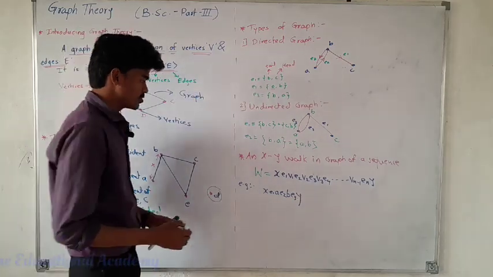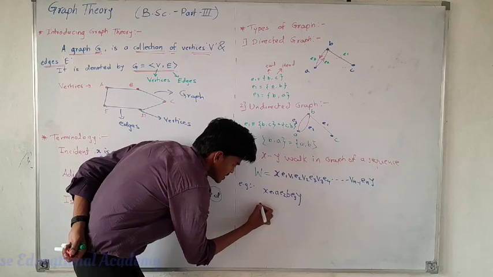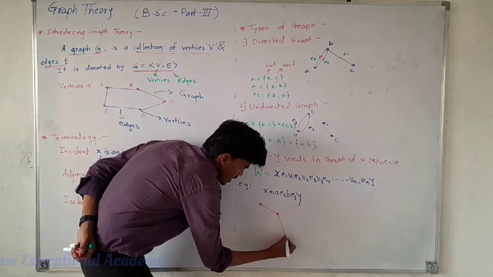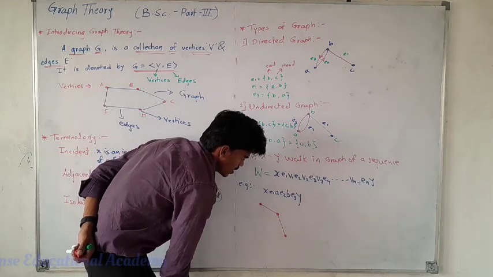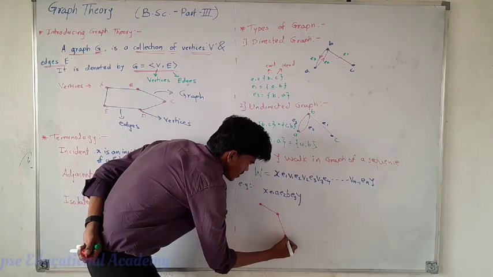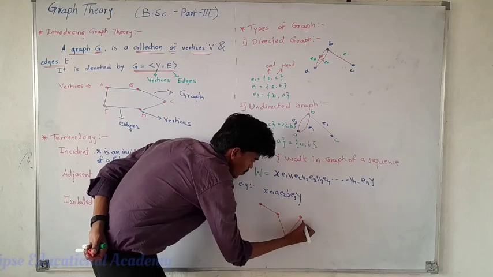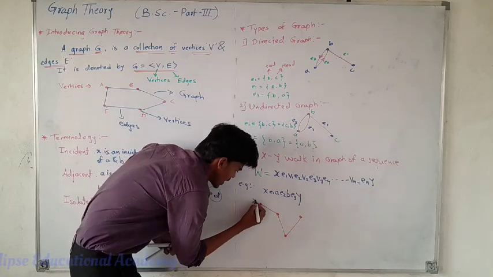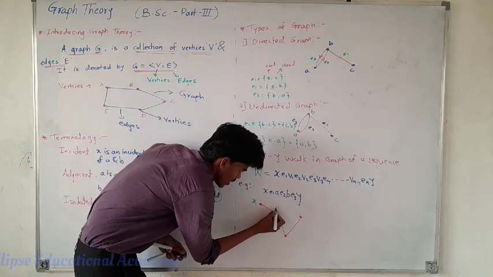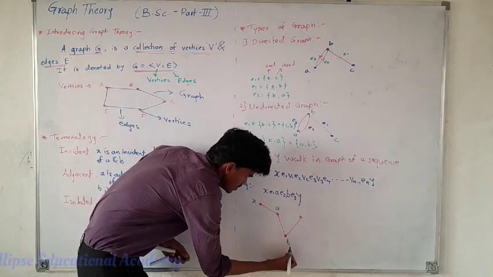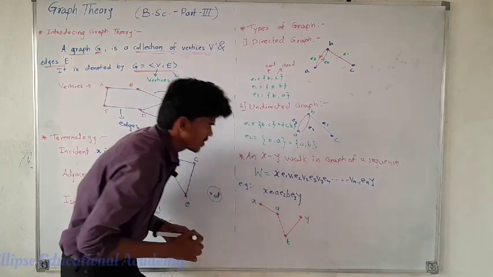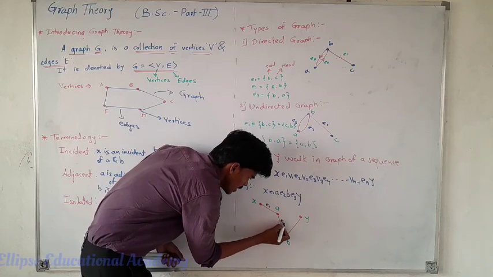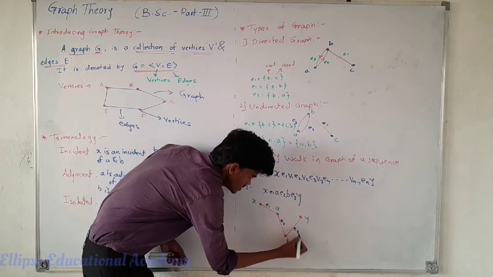So how are we going to represent this graph? This is my starting point X, this is vertex A, vertex B and end point Y, and these are my edges e1, e2 and e3.